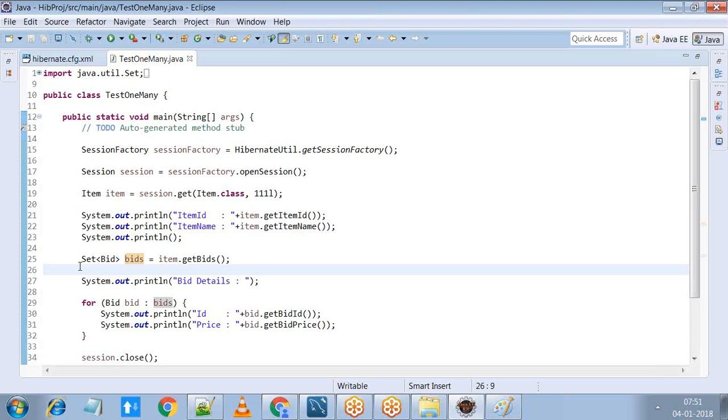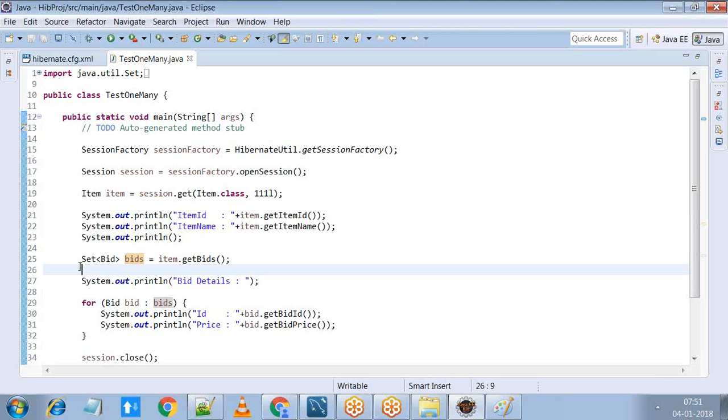Especially in case of one-to-many, one object is associated with many objects. Item is associated with many bids. So whenever you fetch an item, if all the associated bids are fetched whether the application needs them or not, that is going to be a problem.